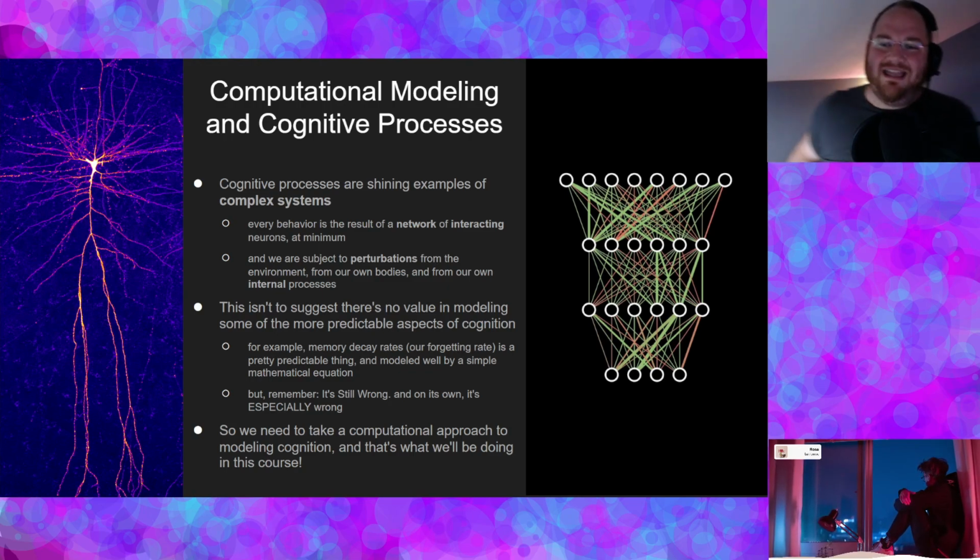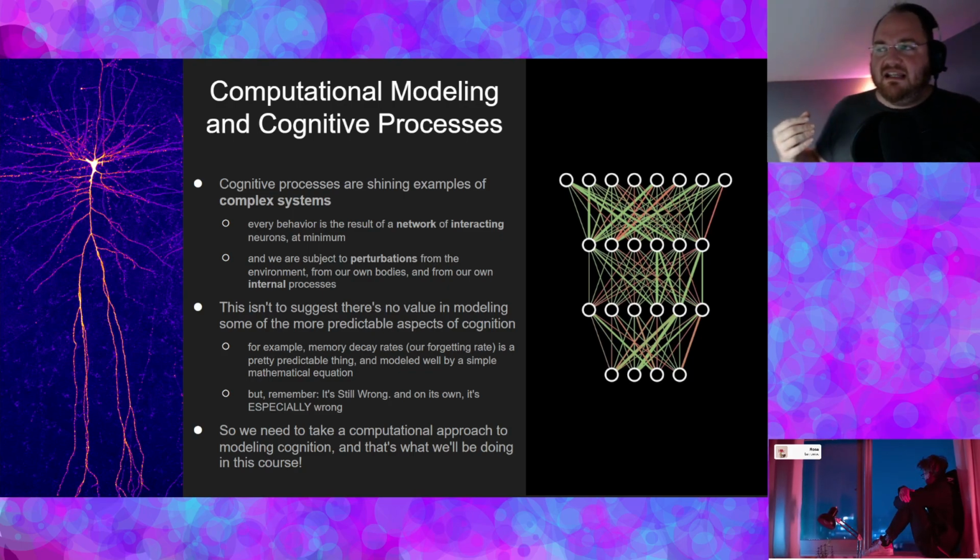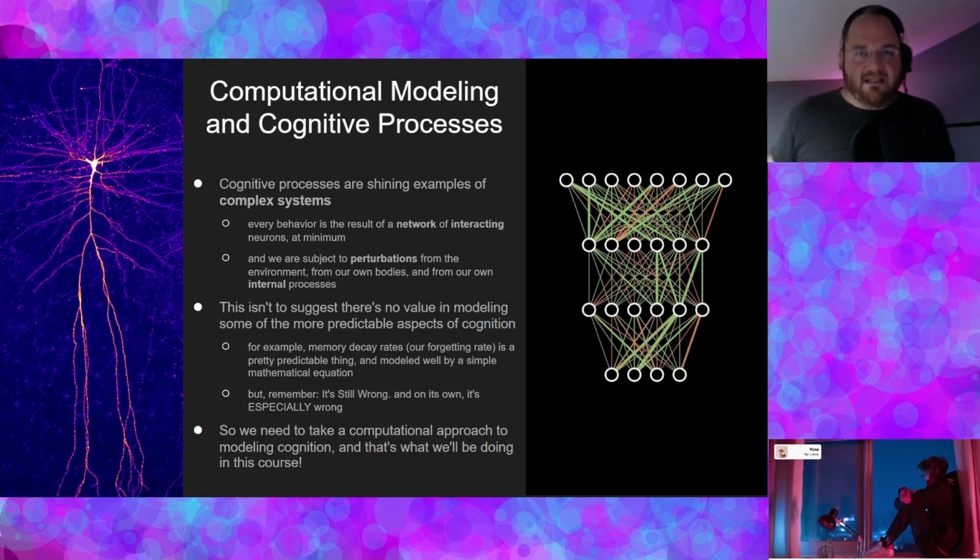Whoops. So we're subject to these perturbations from the whole environment, from our own bodies, from our own internal processes. And that's a prime example of a complex system, which is why we need computational modeling to approach trying to understand it.